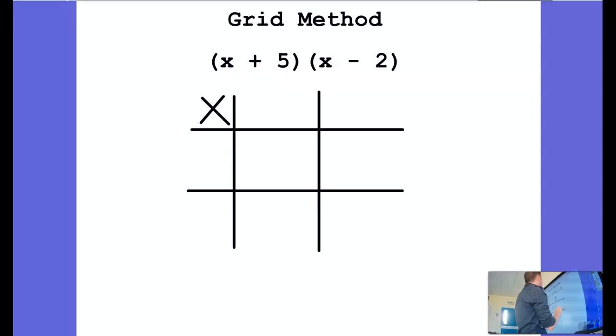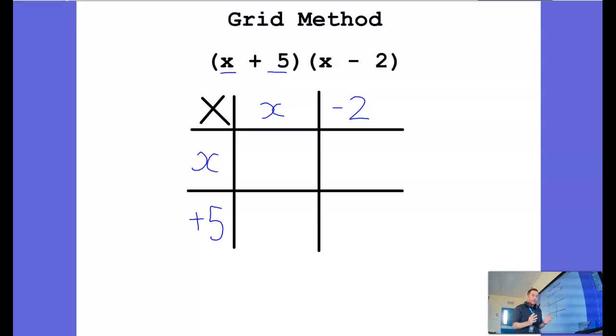So here we go with the grid method. We're going to break this down into x and plus 5, and then the other bracket into x and minus 2. And then all I have to do is multiply each of those parts. So I'm going to do x times x, x squared.